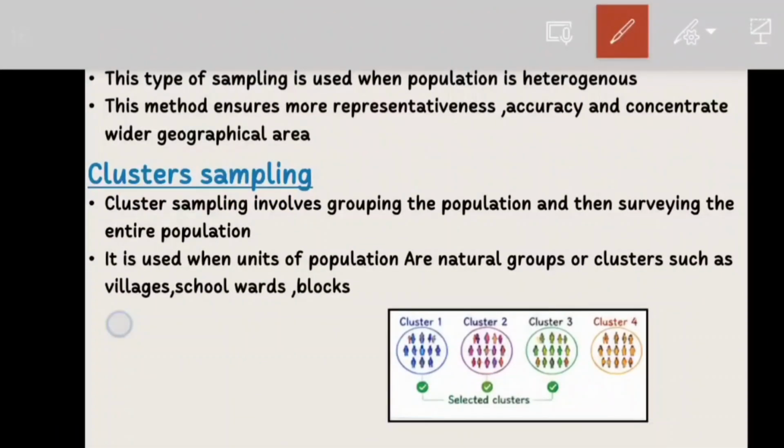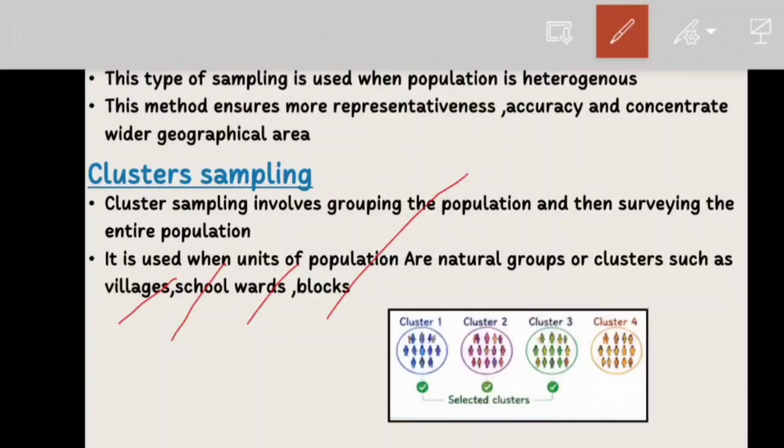Okay, now the next one is cluster sampling. This is useful when the population is heterogeneous and spread over a wide geographical area. So the population is divided into natural groups which are called clusters. Examples of clusters are villages, schools, wards, blocks.